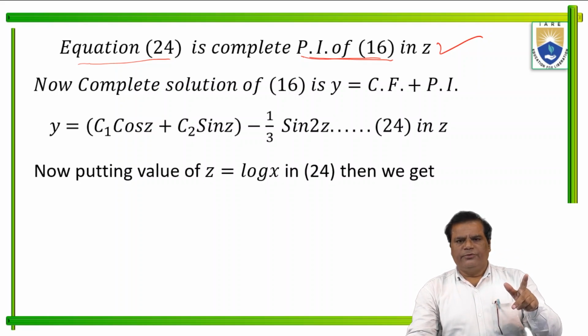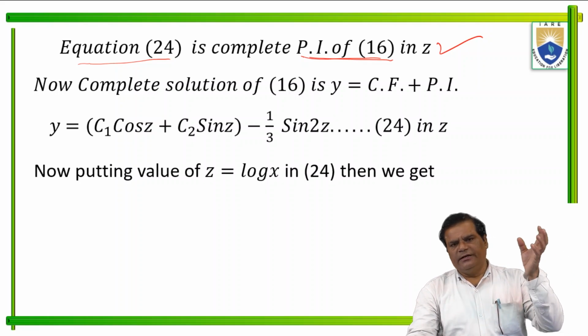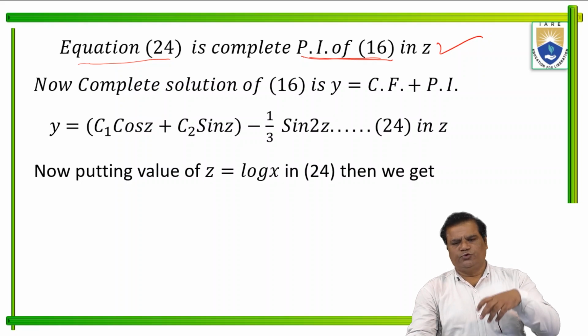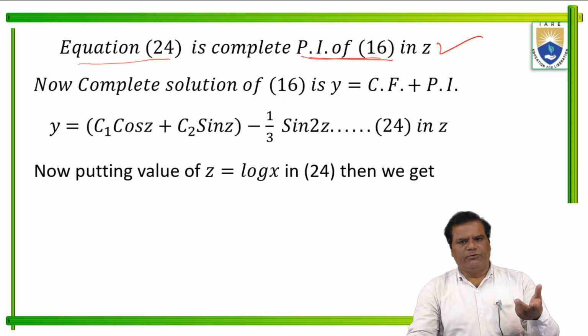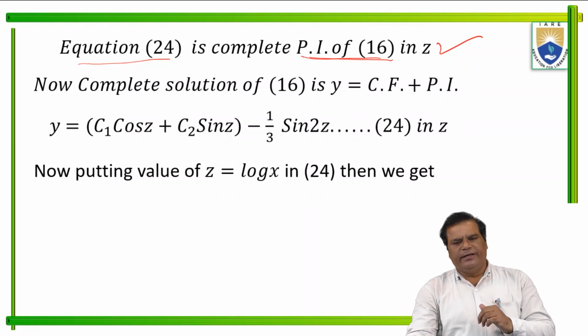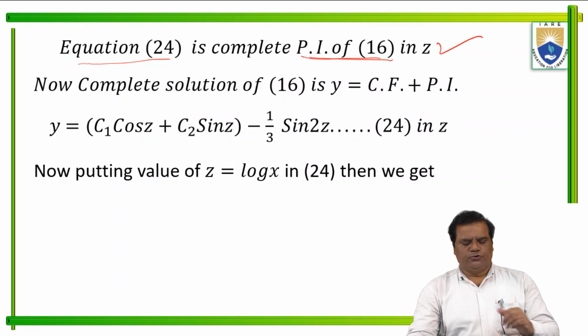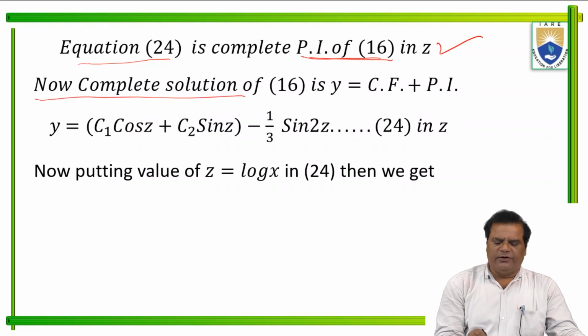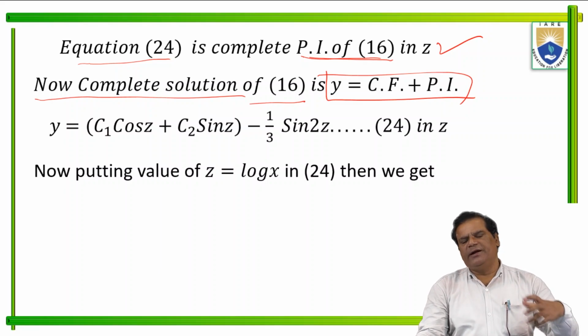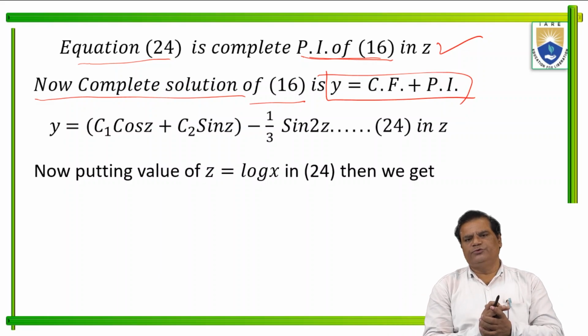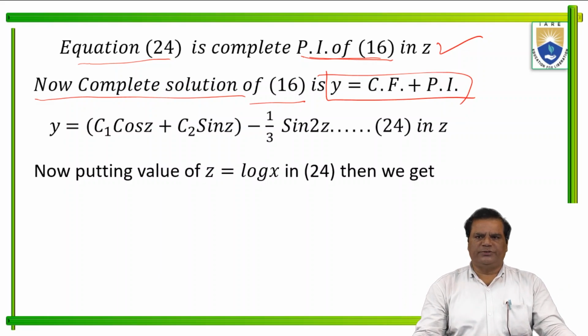So we solved equation 16 for complementary function and particular integral, both in z. Now for the complete solution of 16, we apply the formula y equals CF plus PI. When we add both solutions, we find the complete solution.